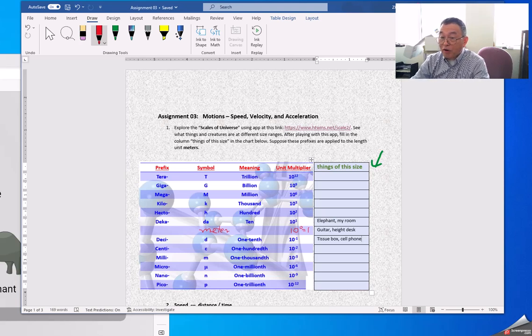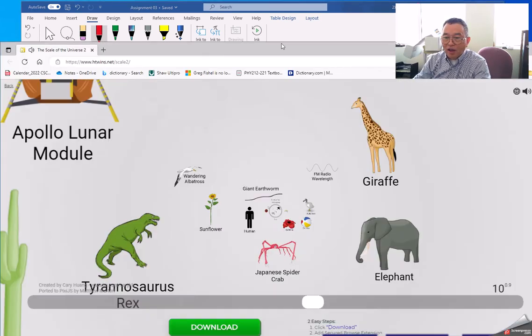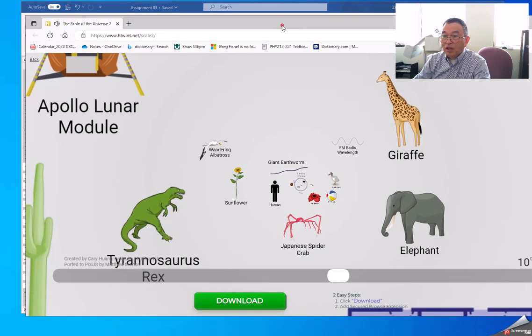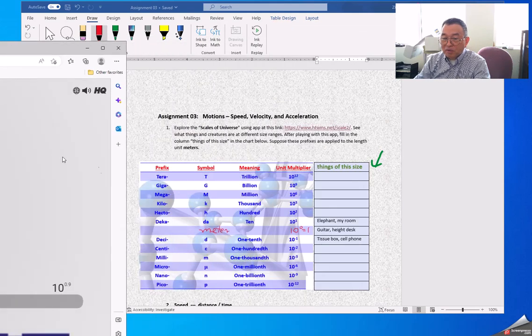You don't really have to rely on the app. In fact, I prefer you don't use it. But when things become large, you do have to rely on it. So for the terameter, go both ways and fill this up.